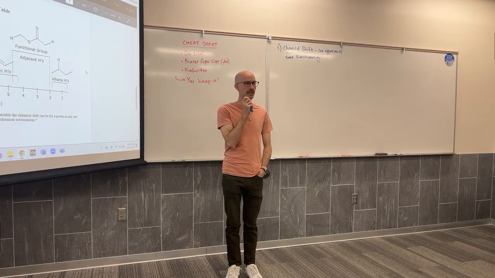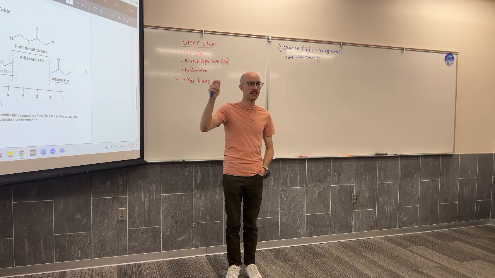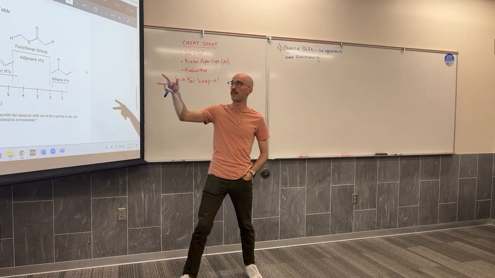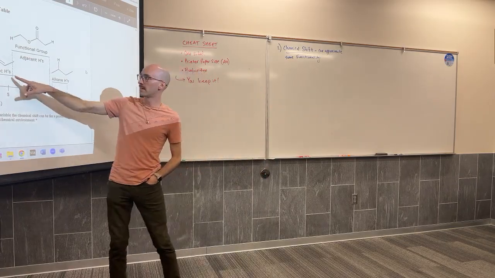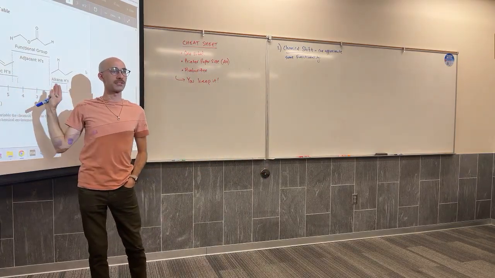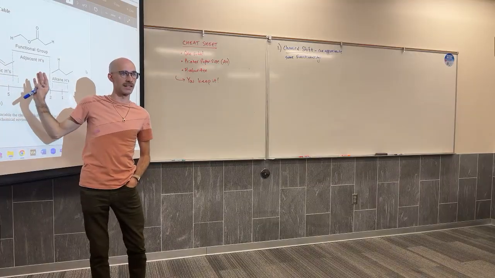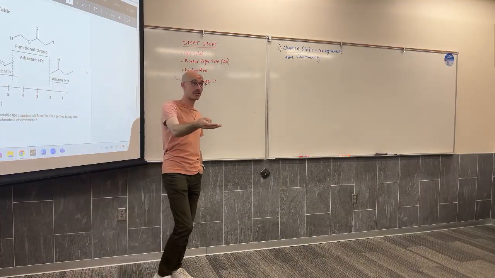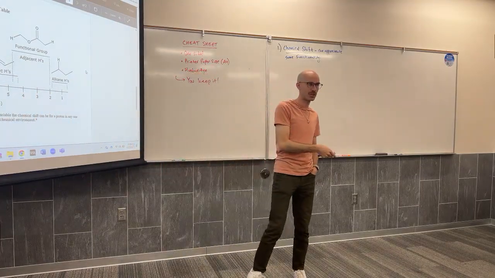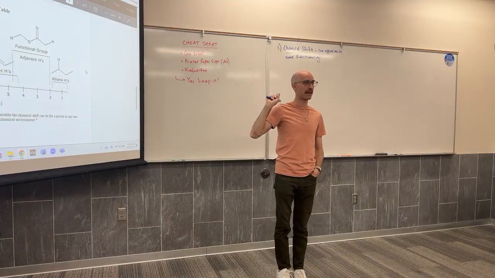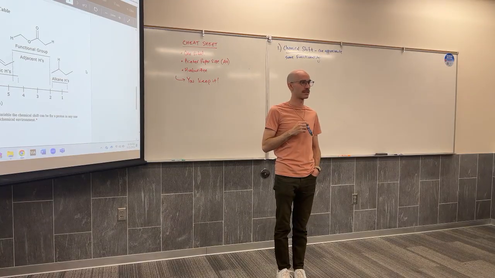But to answer your question, this correlation table is not looking at carbon, it's not looking at oxygen, it's not looking at nitrogen. This is looking only at hydrogens. These are signals produced by hydrogen nuclei. But what the hydrogen nuclei is bonded to affects its shielding, and that shielding affects the chemical shift of its signal.